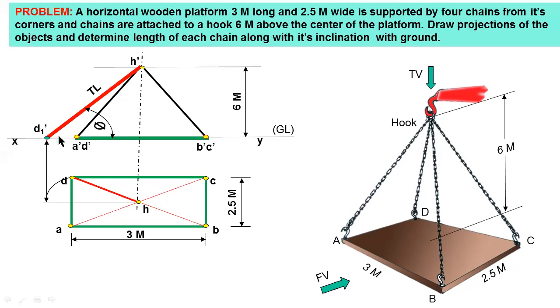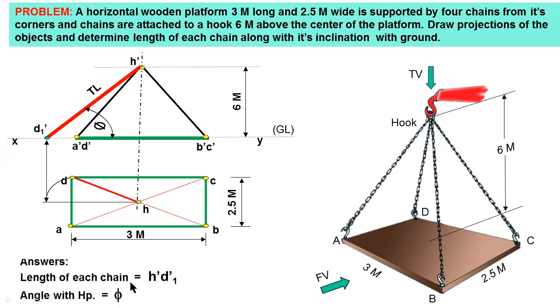This is the final answer. So the final answers are: length of each chain equals H dash D1 dash, and the angle with the horizontal plane equals phi. This is the answer for this problem. Okay friends, thank you.